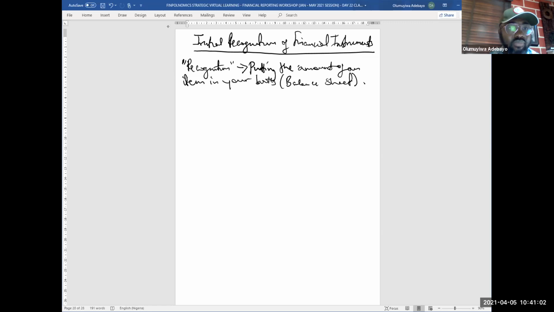But again, it's the balance sheet we're interested in here, since we are talking about assets and liabilities. That is, any process you undertake towards bringing into your books an item of asset or liability is what we call recognition.